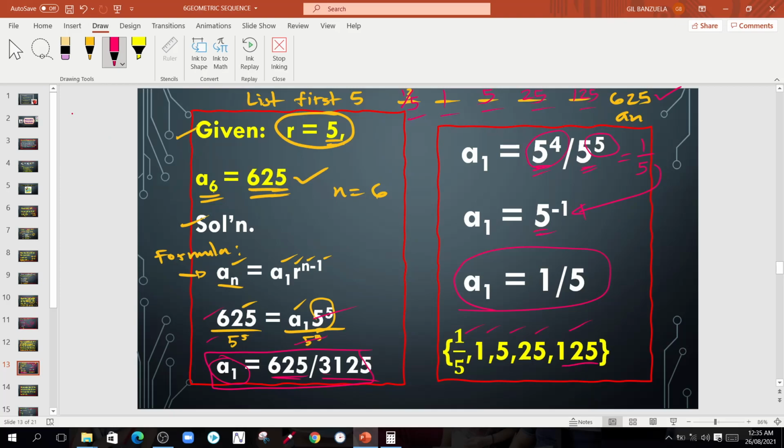So again, kung meron kayong question, guys, with this or medyo nalalabuan, you may always pause the video. You know the drill. Get your pen and paper, then practice it.